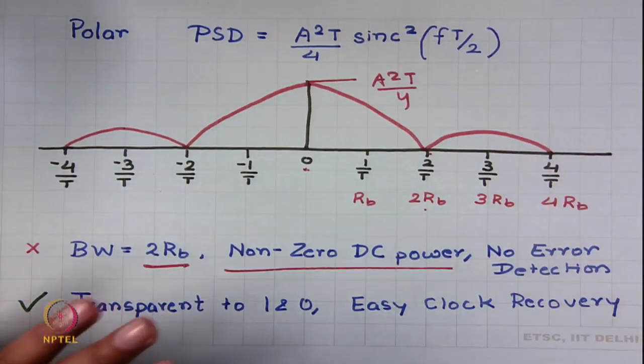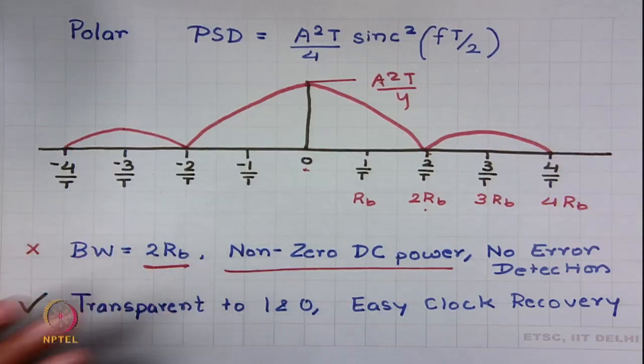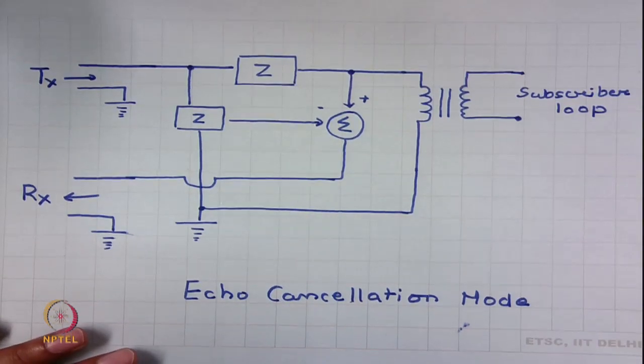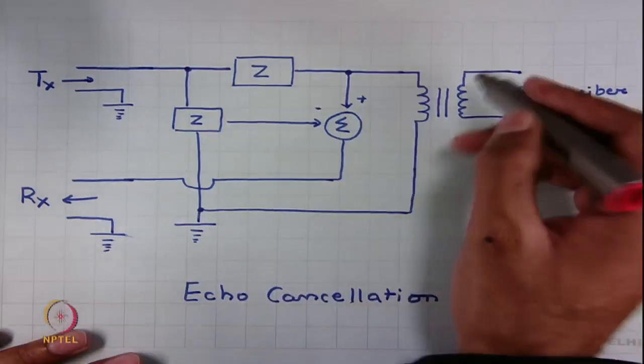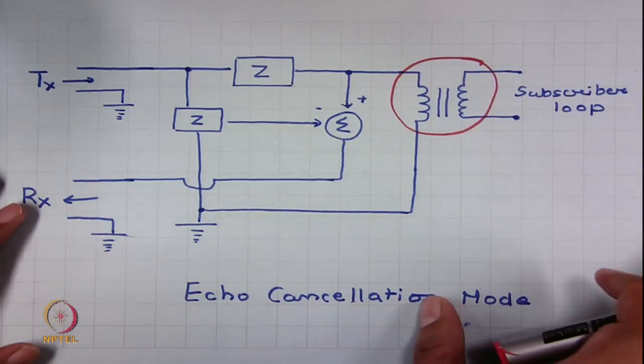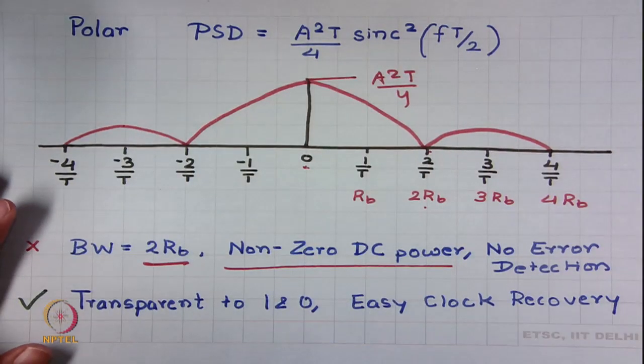One important reason is when we were using twisted pairs for echo cancellation etc., you were using a transformer. I have a picture for that. So, this is a typical example of an echo cancellation circuit. Echo cancellation circuits used to use a transformer, and a transformer does not pass DC, right. So, if a signaling mechanism has a lot of DC power, this will go waste.